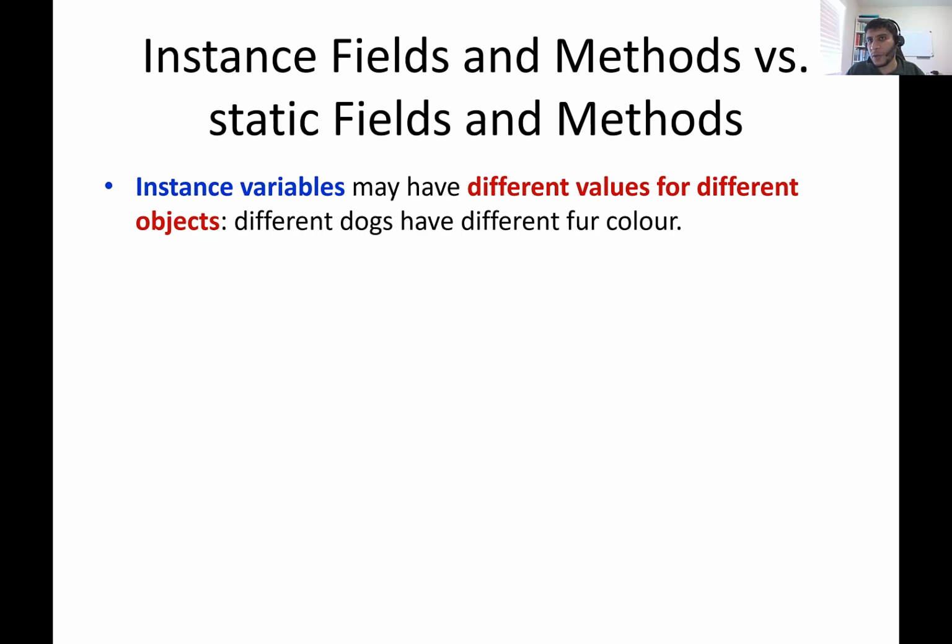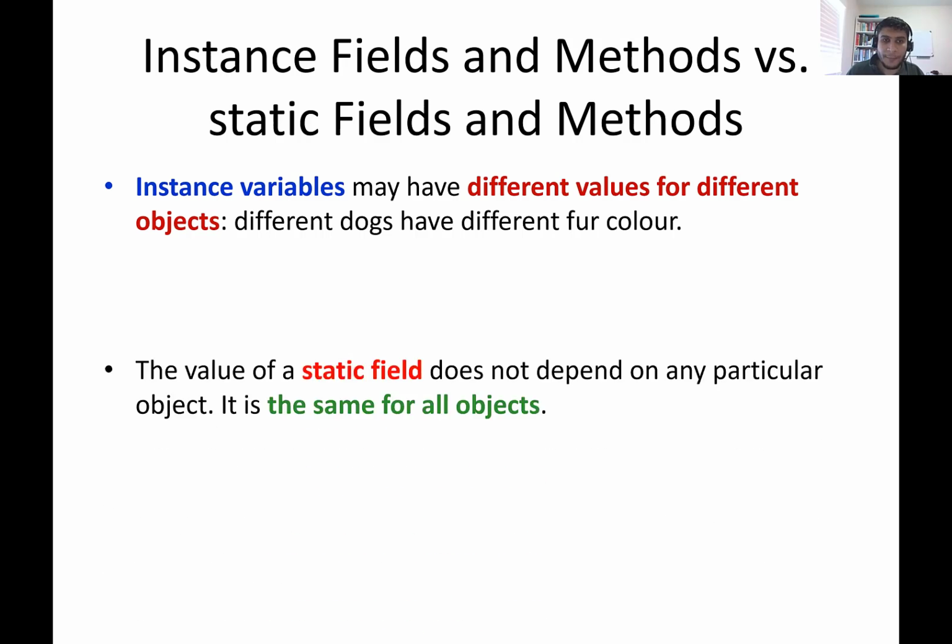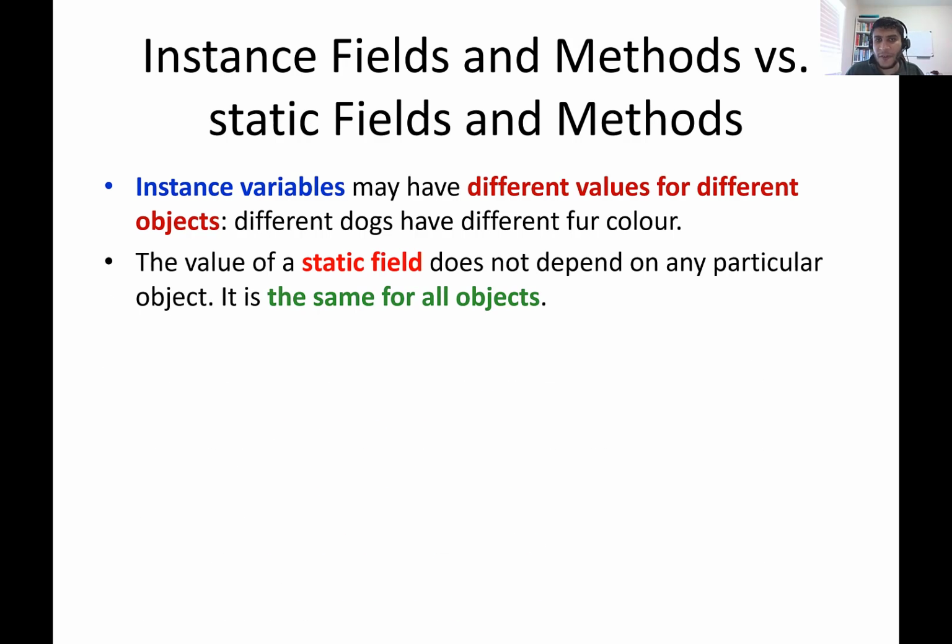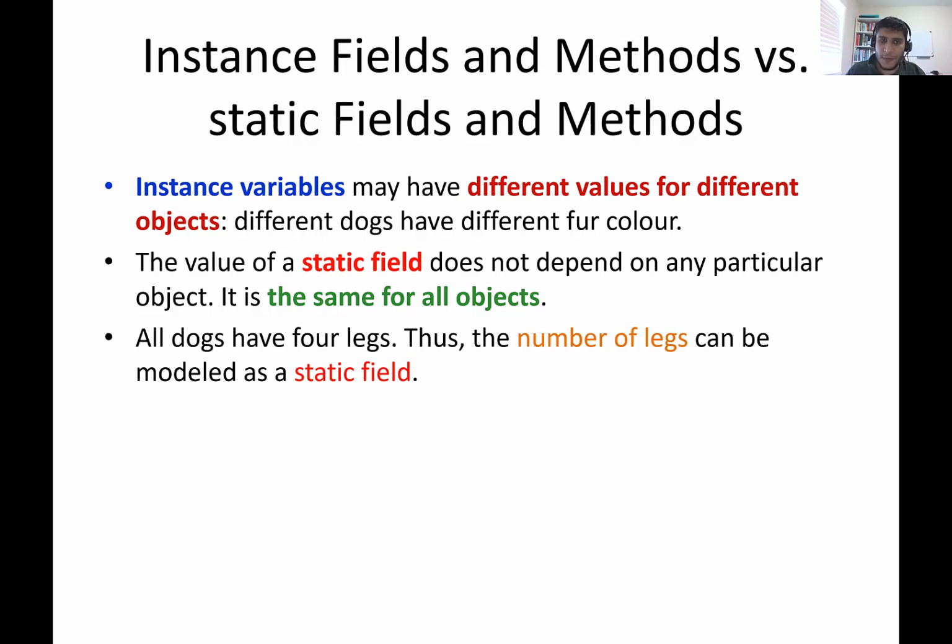On the other hand, if you remember, we defined the static variable count, and this count has the same value for everyone because it's really not associated with a certain object. A static variable is associated with the class itself, right? So the value of a static field doesn't depend on any particular object. Again, it's the same for all objects, and every object is able to see its value, right? We have seen all of this in the last lectures.